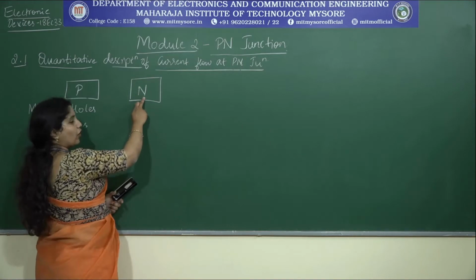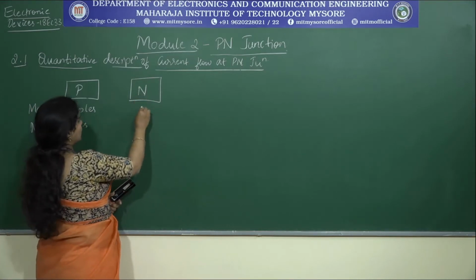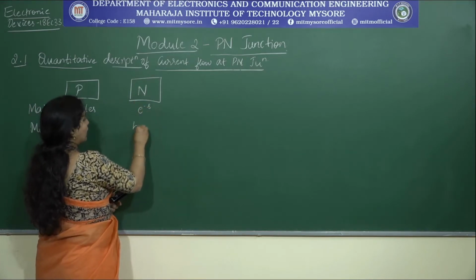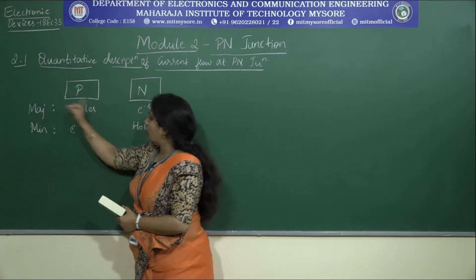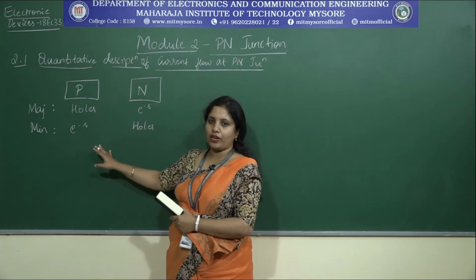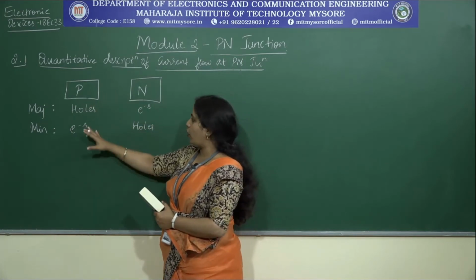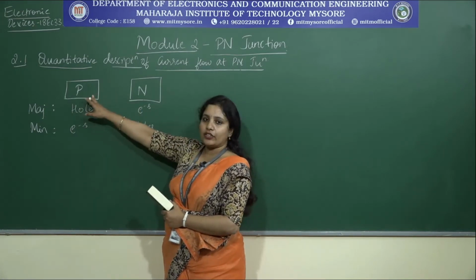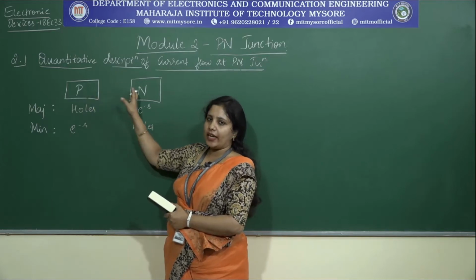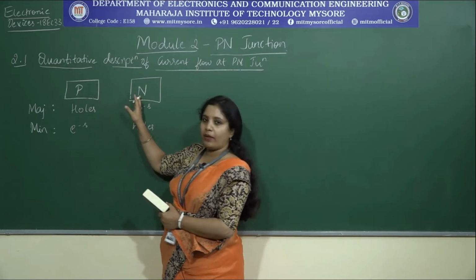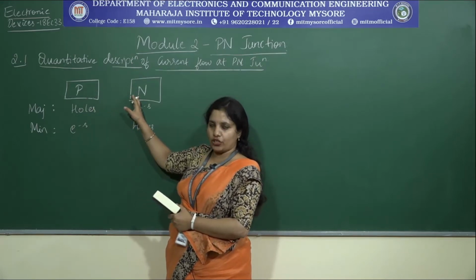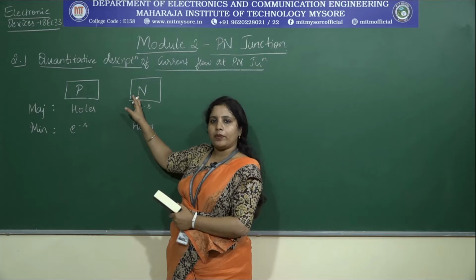Similarly, for N-type, the majority carriers are electrons and the minority carriers are holes. All of you know this relationship, right? Now, when two such materials are brought close to each other, what is going to happen?